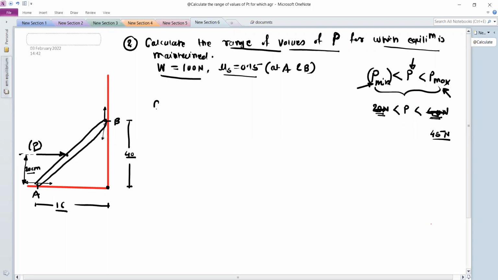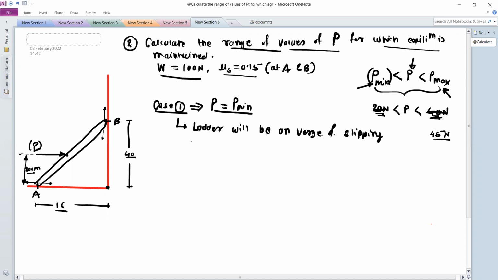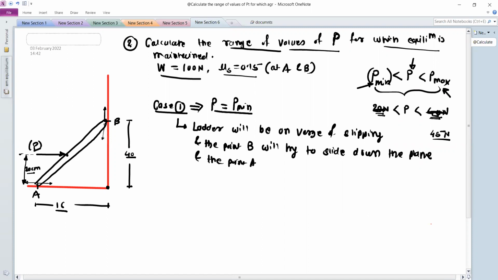So we will consider case 1, where the P value is equal to P minimum. At this condition, the ladder will be on the verge of motion, on the verge of slipping, and point B will try to slide down the plane, and point A will slide on the left side.